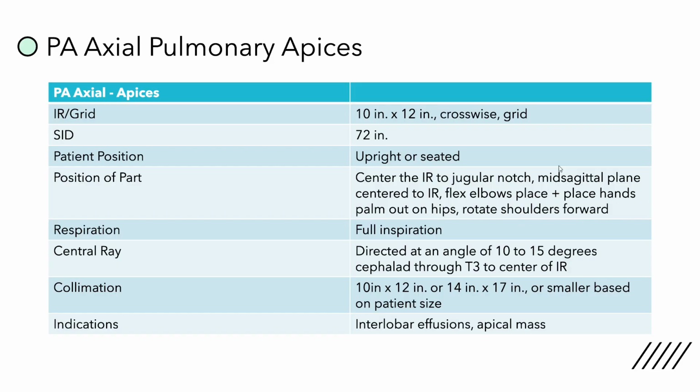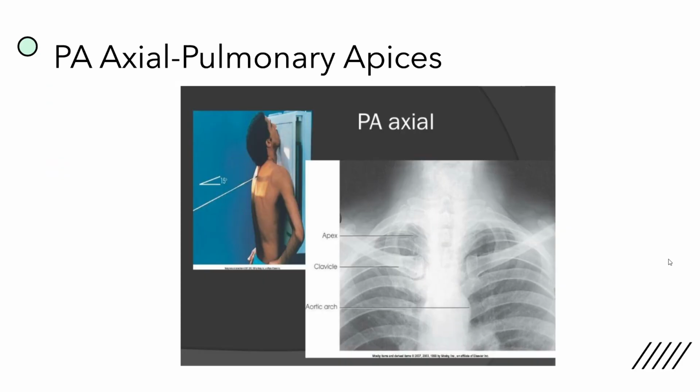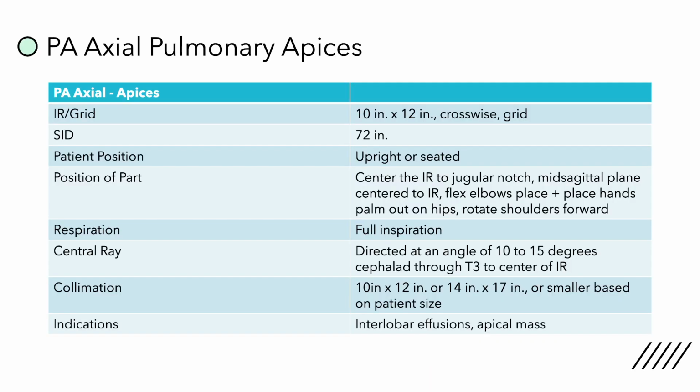Again, we're doing this to get the scapulae out of the way, and the shoulders will be rotated forward. They'll take a nice deep breath in and hold it, and again, they're going to have a tube tilt. So again, it's going to be 10 to 15 degrees cephalad, and it'll go through T3 to the center of the IR.